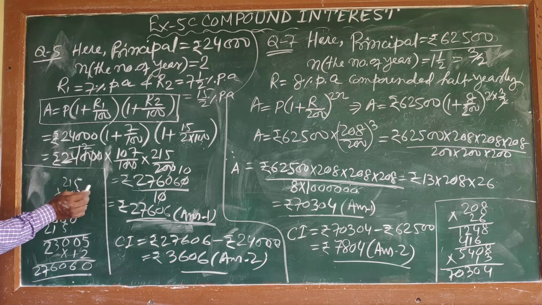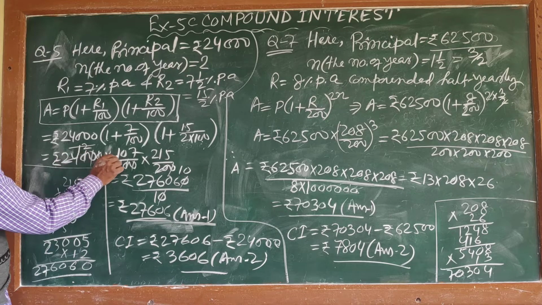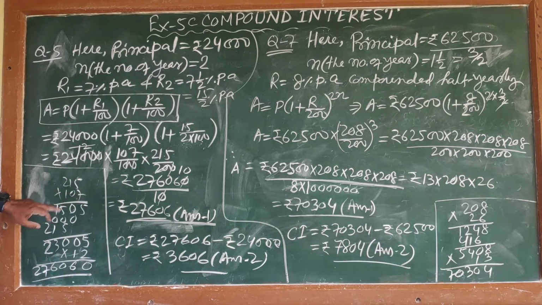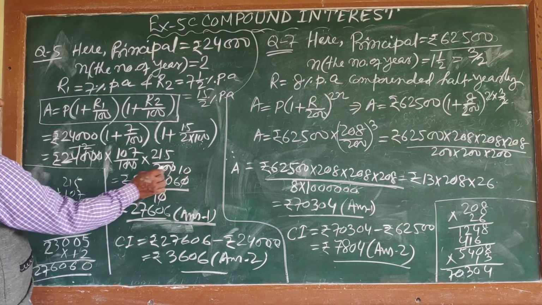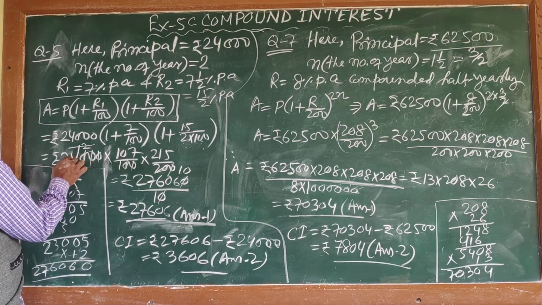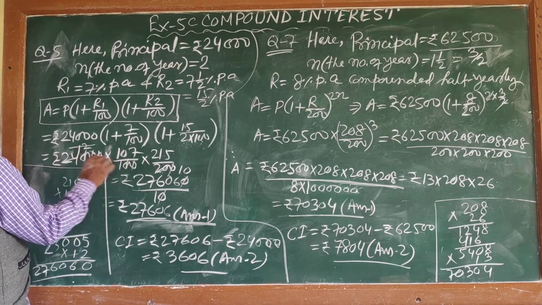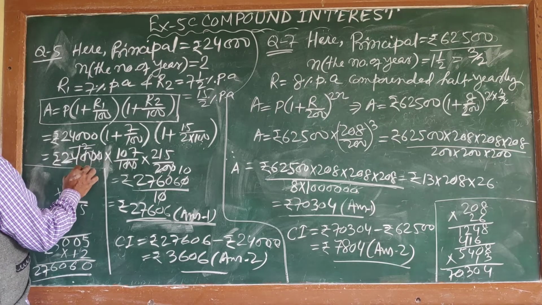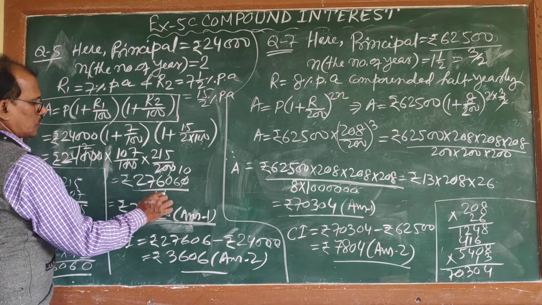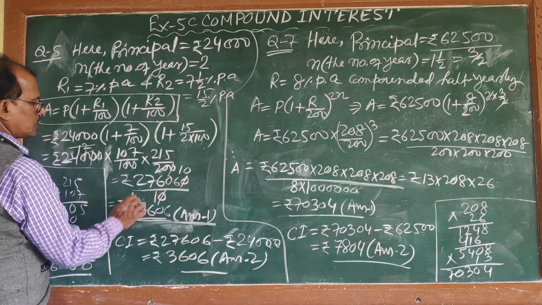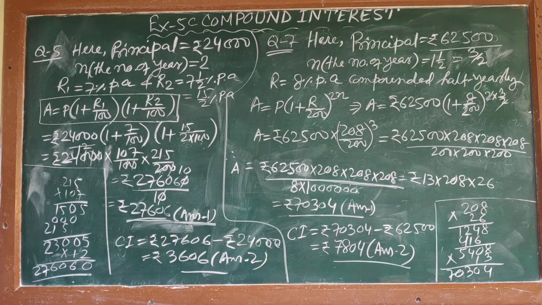So 12 into 107 into 215. 215 into 107 will become 23,005. You multiply 23,005 with 12, it will become 276060 divided by 10, because below it was 20 and on top it was 24. So 12 by 20 becomes 12 by 10, the zero cancels with this zero, and finally it becomes 27,606.